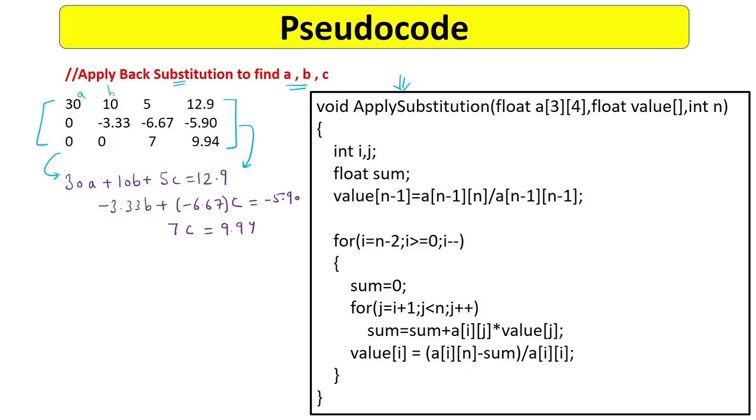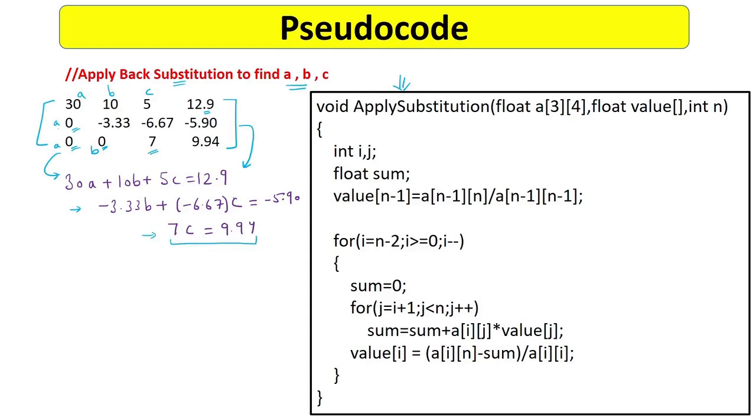These are the coefficients of A, B, C, and this is the constant. I have written 30A plus 10B plus 5C equal to 12.9, and so on. Here the coefficient of A is 0, and in the next the coefficient of B is 0. In the second equation I have not written 0 into A, because it will be 0. In the third equation, only the coefficient of C is there.